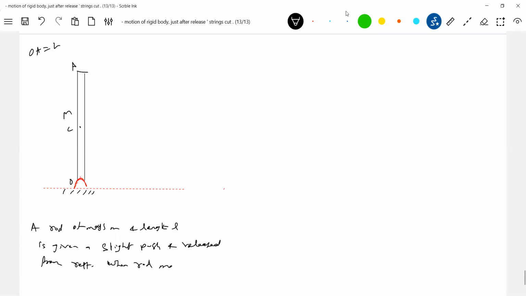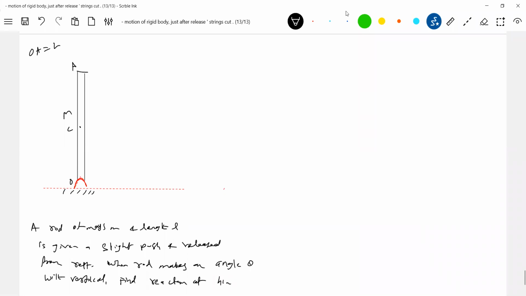When the rod makes an angle theta with the vertical, find the reaction at the hinge. Now this is a very important fundamental one rather than numerical theory. Okay, getting to the problem.